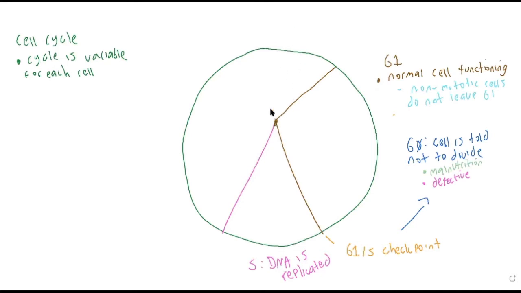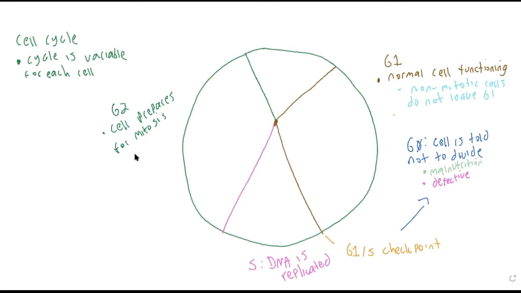Now the next one is called G2. And in the G2 phase, and this is going to be simple, the cell prepares for mitosis. So things like replicating the necessary organelles, enlarging the cell membrane to prepare to split into two.